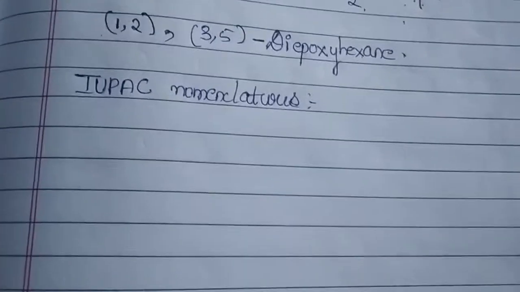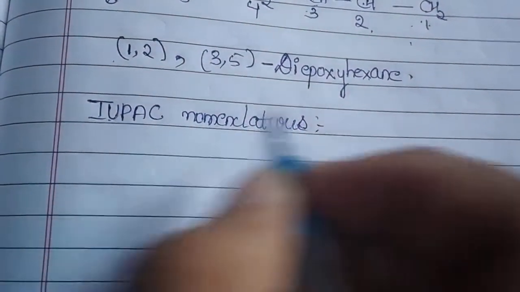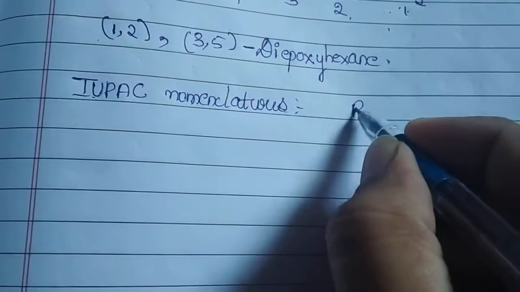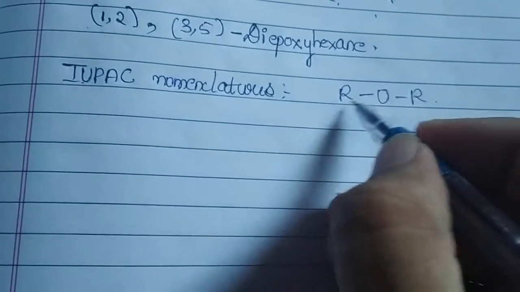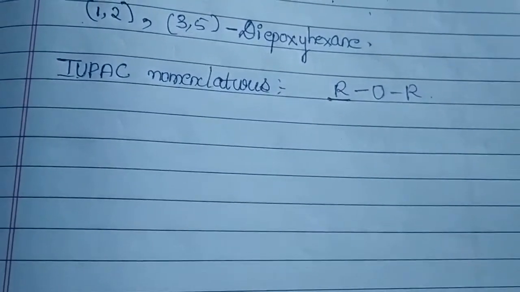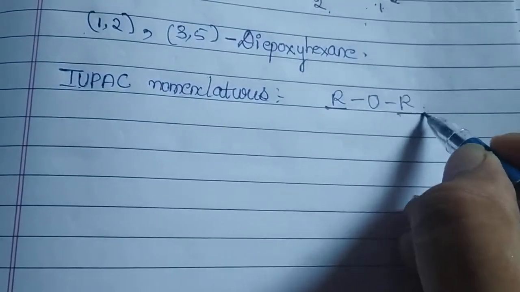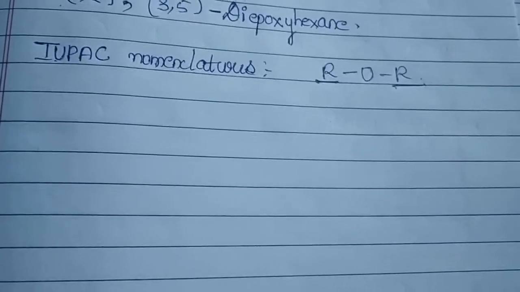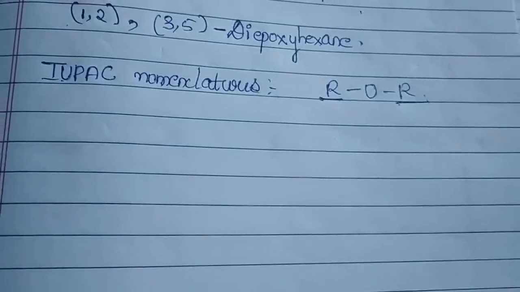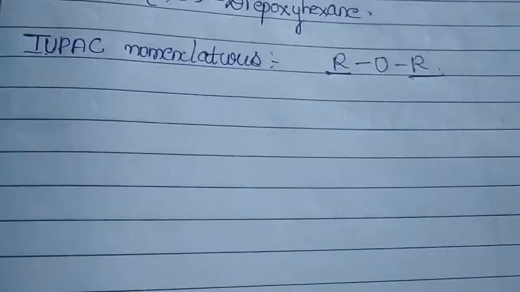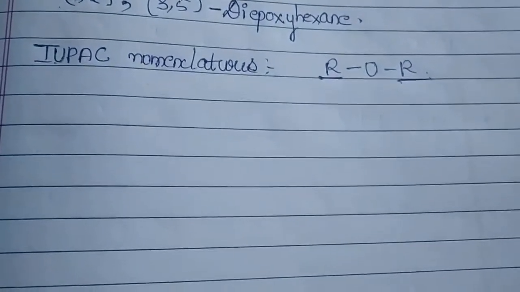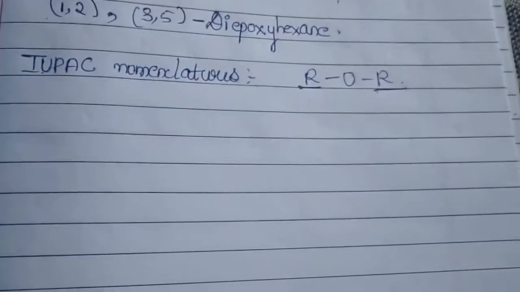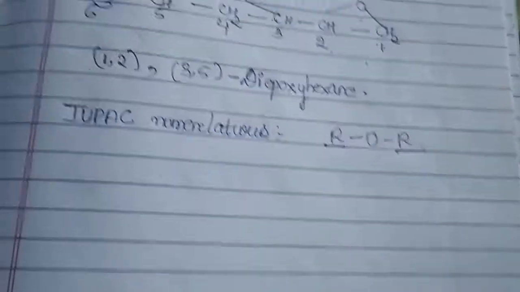As I have mentioned, whenever we talk about ethers, we have the representation R, O and an R. Of course this R also contains some number of carbon atoms. If R is equal to R, it is not a big problem for us. But if R is not equal to R, that is, if it is an unsymmetrical ether, there are certain things we have to understand.